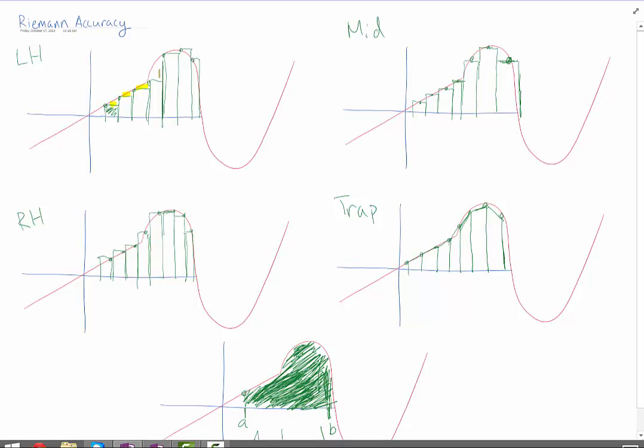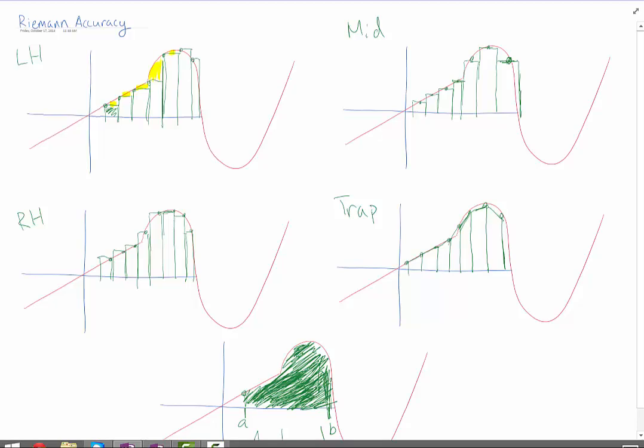And a lot of times what you'll see that referred to as is a lower sum. So this would be called a lower sum, so it's smaller than the actual area. And over here, when it's concave down like that, it's still lower.